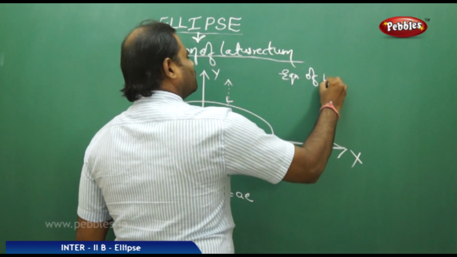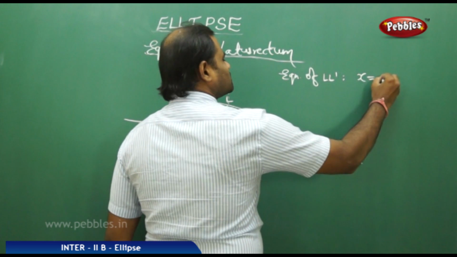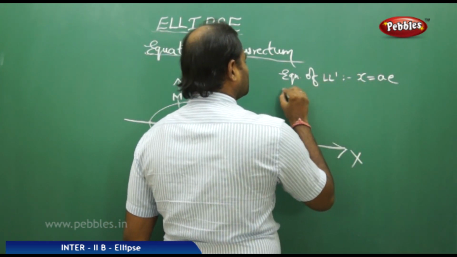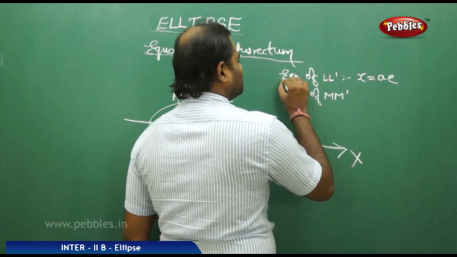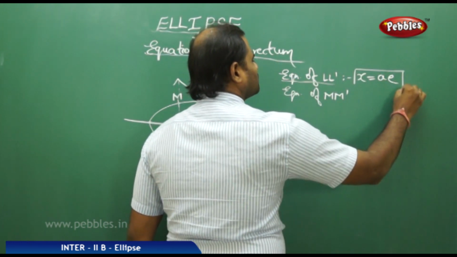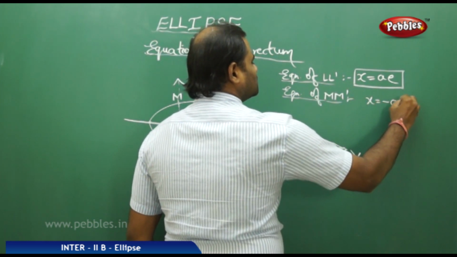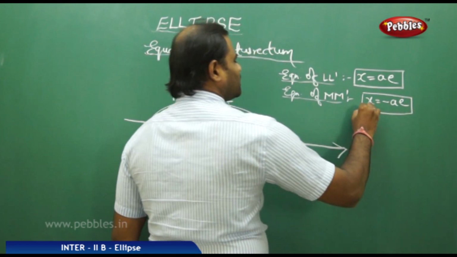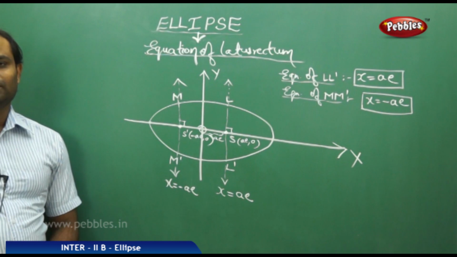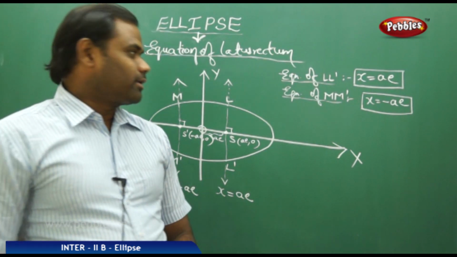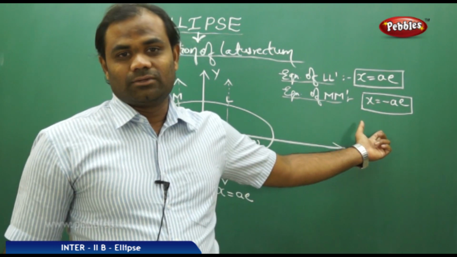So the equation of LL dash is x equal to AE, and the equation of MM dash is x equals minus AE, as we can see here. The equations of the two lateral recta LL dash and MM dash are x equal to AE and x equal to minus AE.